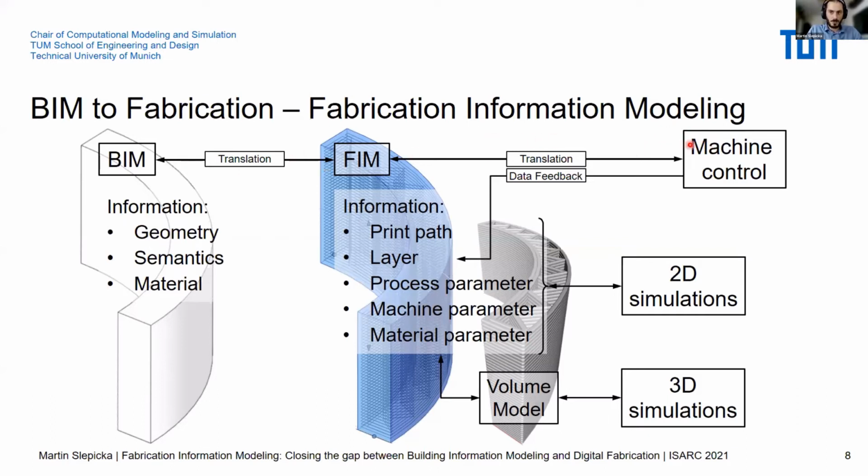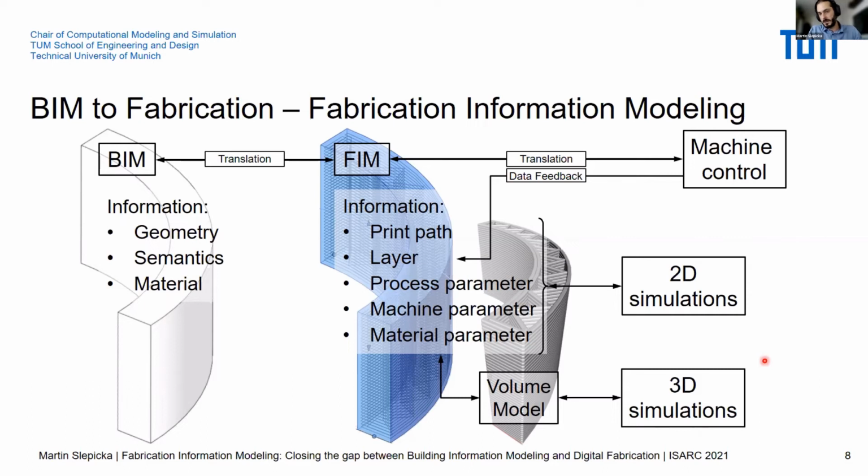Yeah, and with the information of the FIM, we can actually do simulations before we actually print the object, such as thermal conductivity simulations, to check if the object we planned actually works the way we want it to. And we can also do 2D simulations, like we take the print path and see if it's actually printable or not, if the robot control can be directly translated or not.